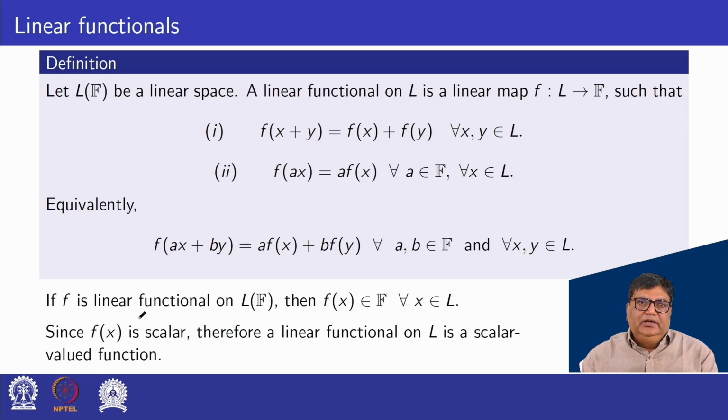If f is a linear functional on vector space L, then f of x is an element of F for all x belonging to L. Since f of x is a scalar, therefore a linear functional on L is a scalar valued function.